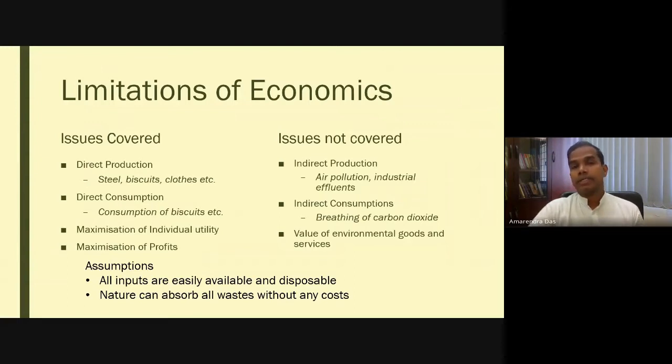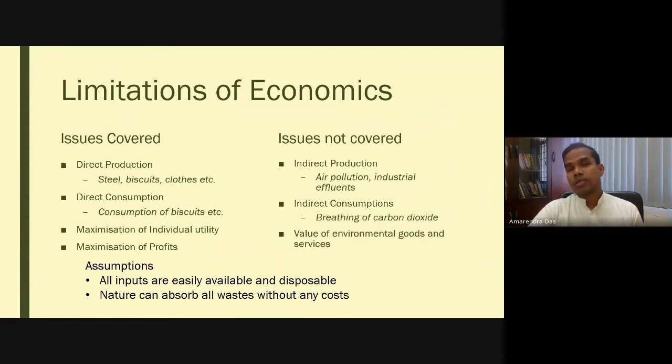But in the consumption analysis, we never analyzed the indirect consumptions, such as breathing carbon dioxide, or breathing the dust particles from the atmosphere, or breathing any other hazardous chemicals from the atmosphere. That means the producers might have produced certain things that went to the atmosphere, and we are consuming them without paying for it.